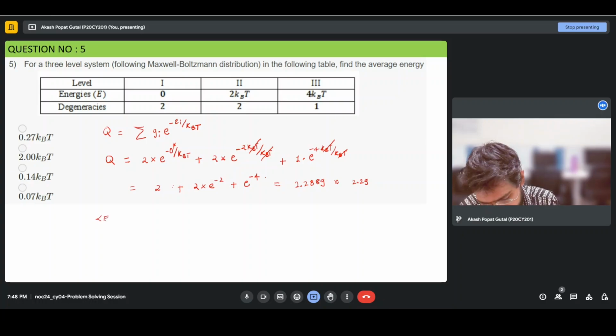And we know how we calculate the average energy.